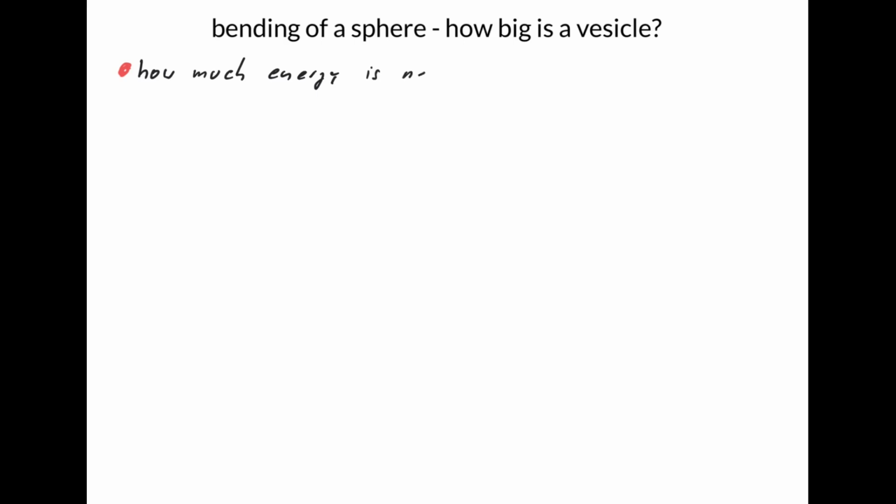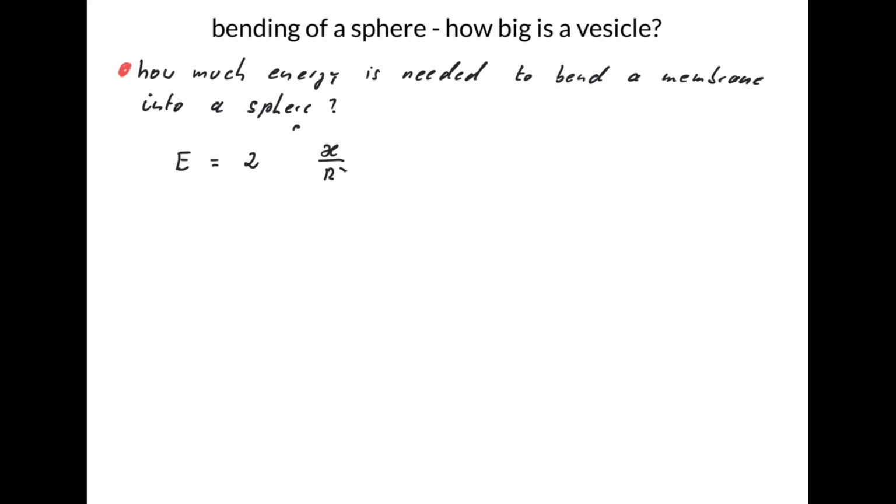Let's first have a look at the bending energy. So how much energy is needed to bend a membrane into a sphere? Now, we derived the differential form saying that the bending energy is equal to 2 times kappa divided by r squared dA. But in order to calculate the full energy, we just have to integrate on the sphere.